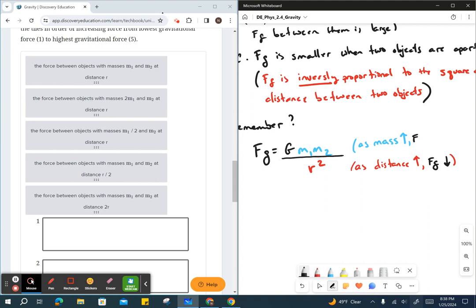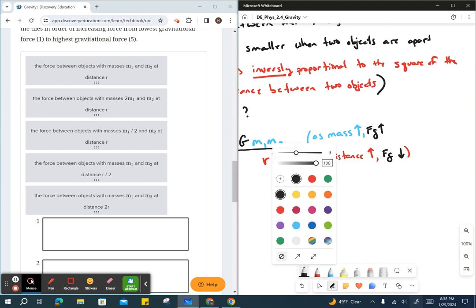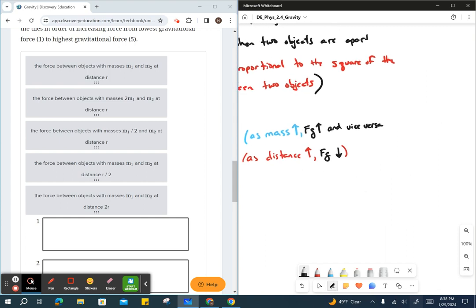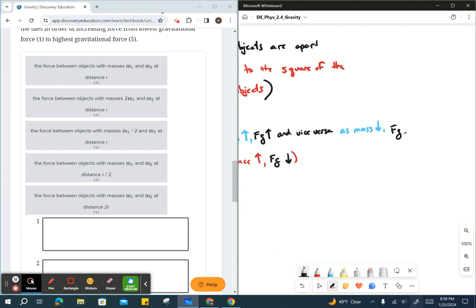Then F of g also increases, and vice versa. That is to say, as mass decreases, your force of gravity too decreases.